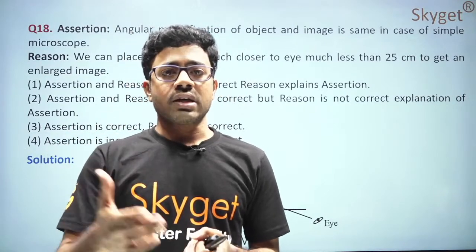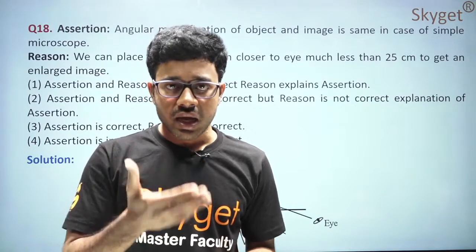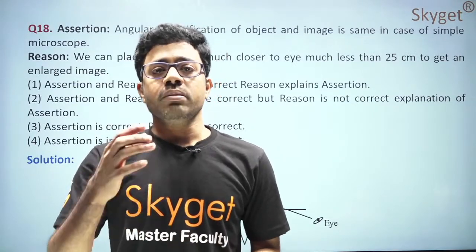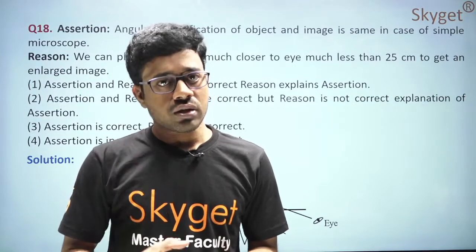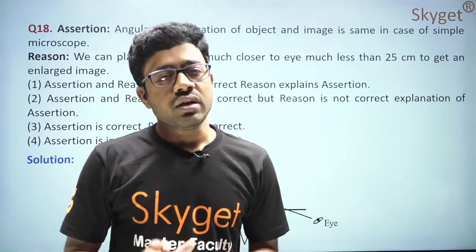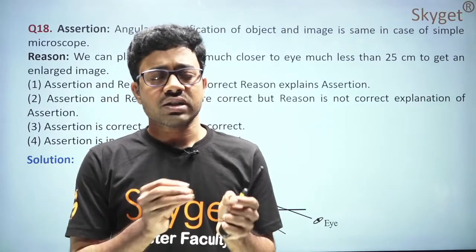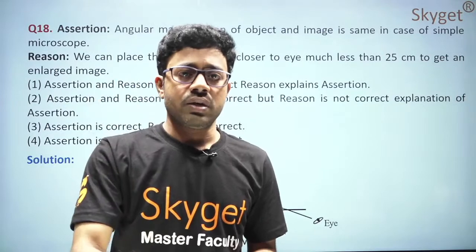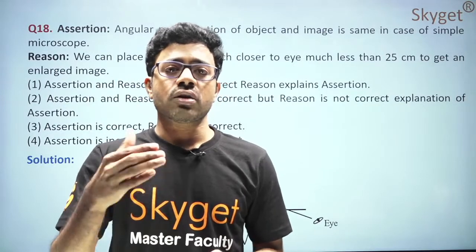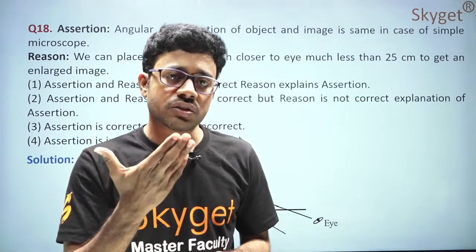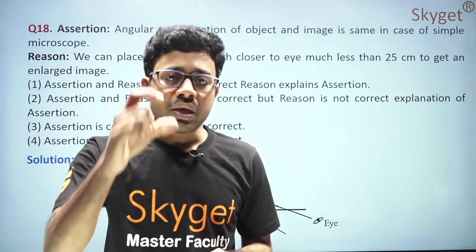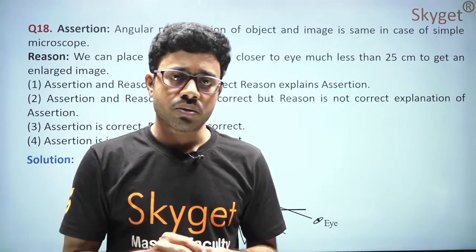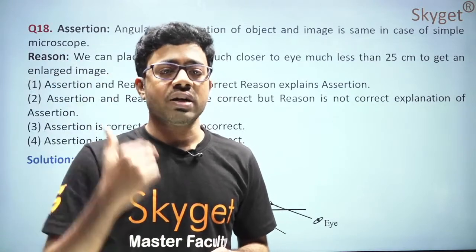That means you always place the object very close to the eye, closer than 25 centimeters, but the image you get of that very close object is far from 25 centimeters. This is the key point involved in the functioning of a simple microscope, where the object is placed very close to the eye, but the image you are able to see through the simple microscope or any sort of microscope is far from 25 centimeters.